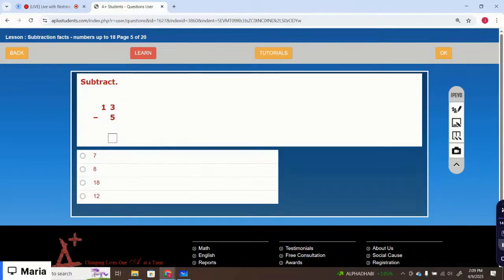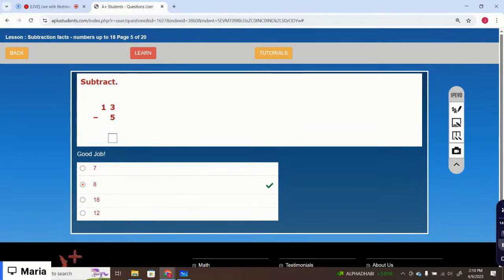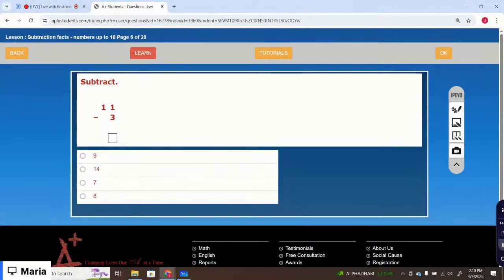Next, thirteen take away 5. The correct option is 8. 13 take away 5 is 8.